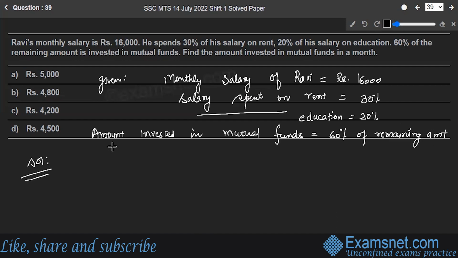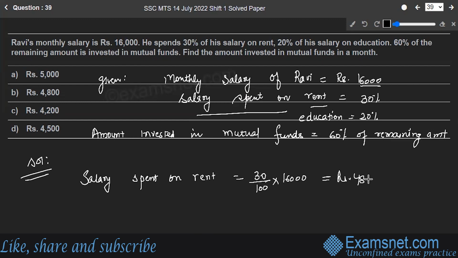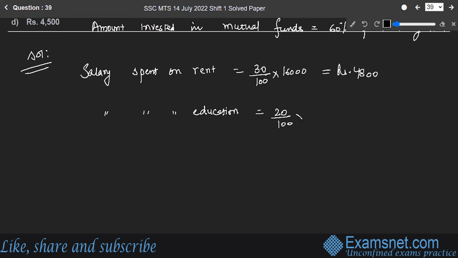First of all, how much monthly salary is given, and we can calculate how much salary is spent on rent. So here we can say salary spent on rent is 30% of 16,000, which is equal to a total of rupees 4,800. Now the salary spent on education is 20% of 16,000, which will be equal to rupees 3,200, right?